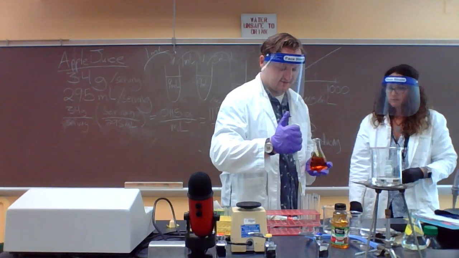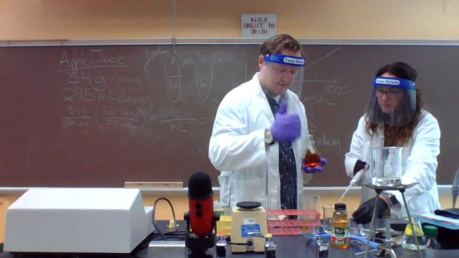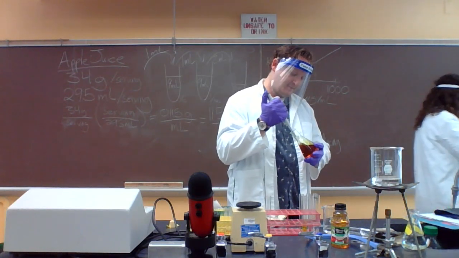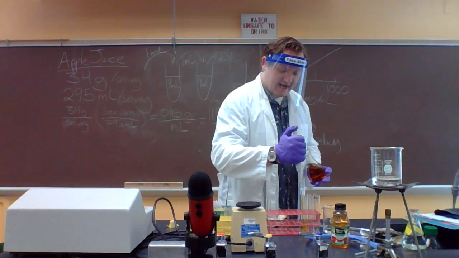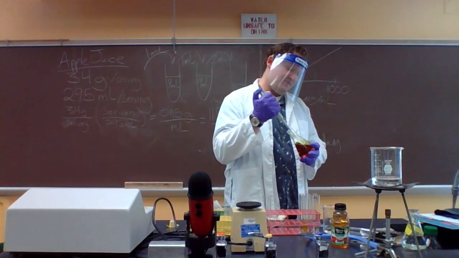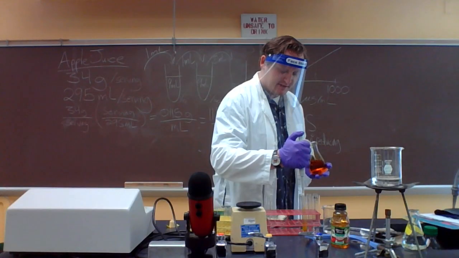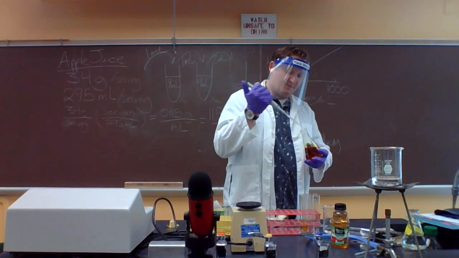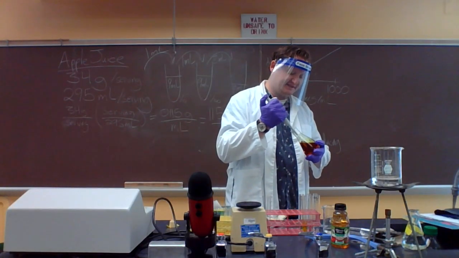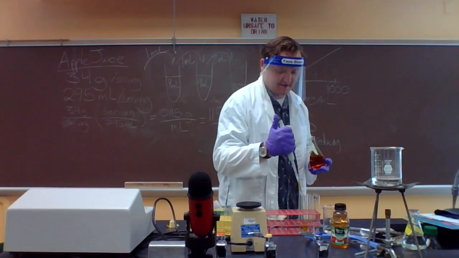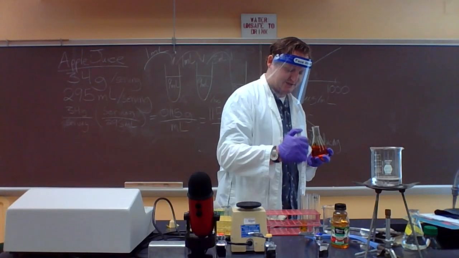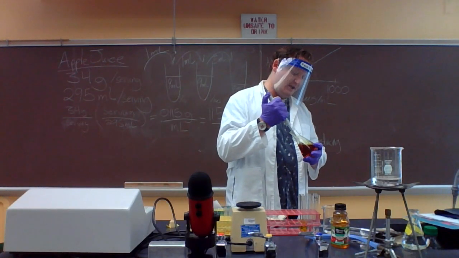You'll notice that I'm only adding DNS to 2 tubes here. That's because the tubes that were used for the serial dilution, we don't need to run those. Those were just there to help us more accurately do a very high dilution factor with a very small volume of fluid.